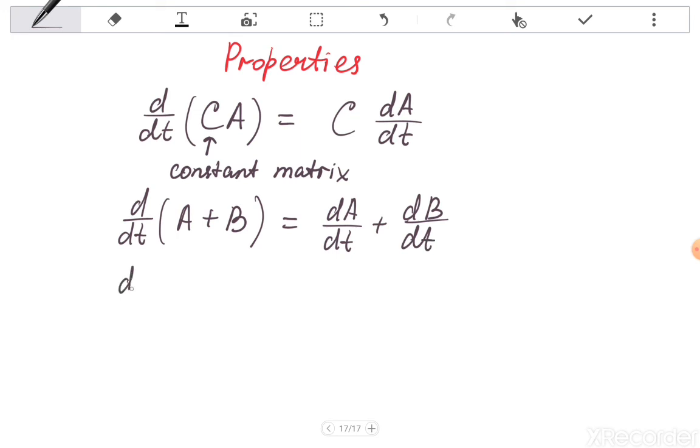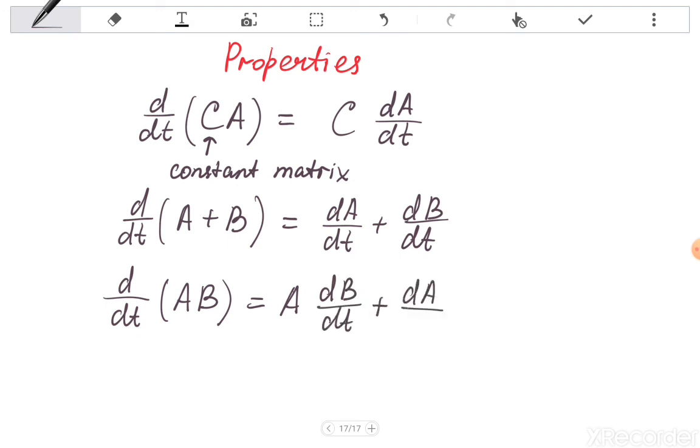And also the product rule also works here. It will be the derivative of A times B plus A times the derivative of B. But here the order is important, so the order in multiplication is important.